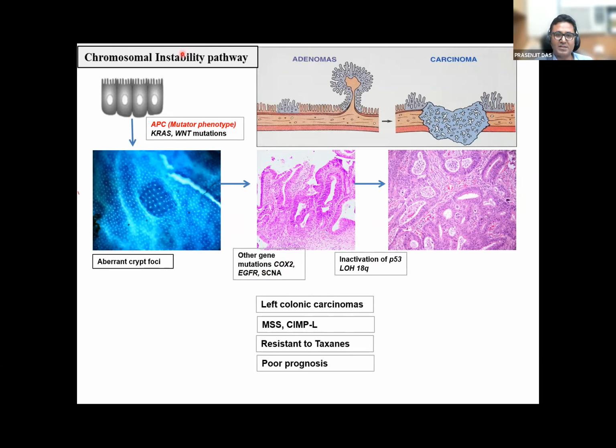Now, chromosomal instability pathway tumors are most commonly left colonic carcinomas. In this, we commonly don't see microsatellite instability, and also we don't see methylation or suppression of various tumor suppressor genes. Most importantly, these tumors have a poor prognosis and they are resistant to taxanes.